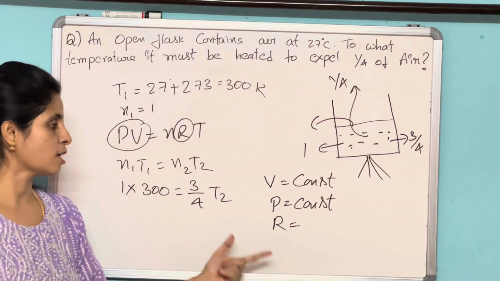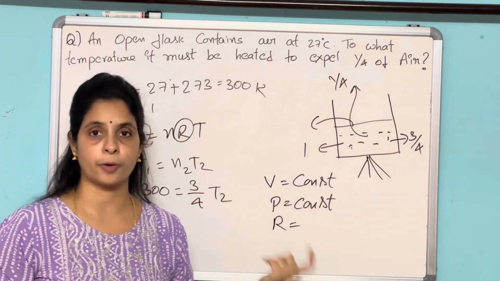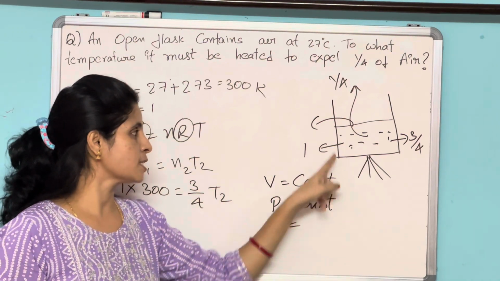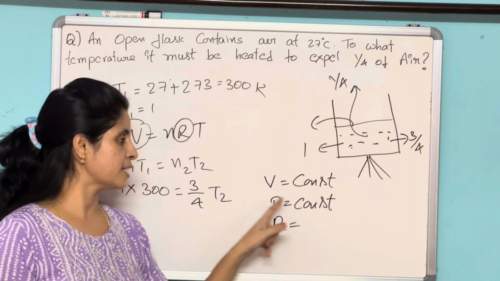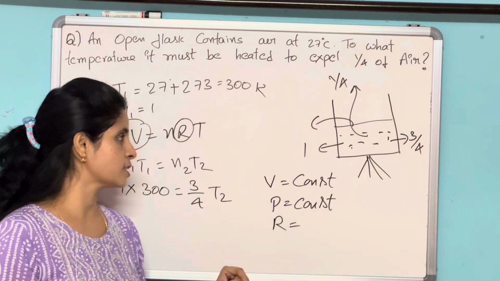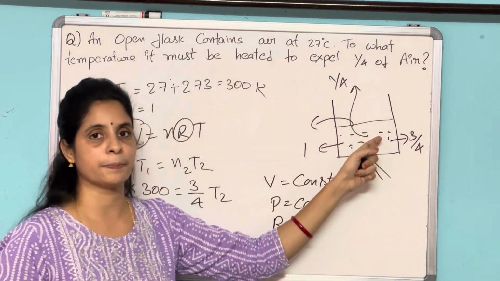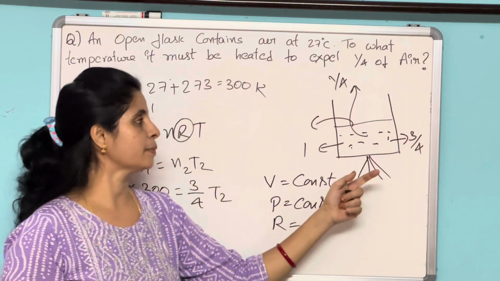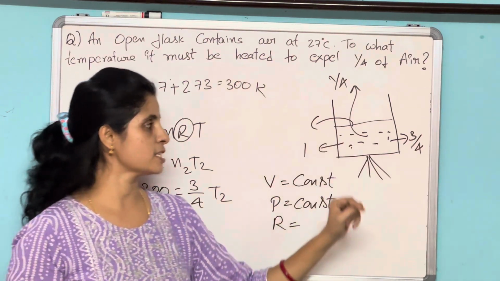Okay, it is the concept of open vessel. When you are given an open vessel problem, first keep in mind that volume is constant because the volume of the container is always constant, and pressure, atmospheric pressure, is constant. So what are the variables? As you are supplying heat, there is a variation in temperature, and some of the gas will be expelled into the environment, so there is a variation in the number of moles.